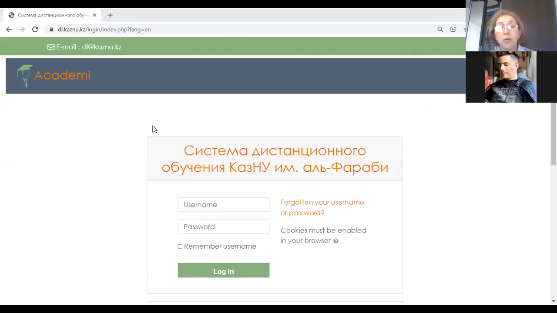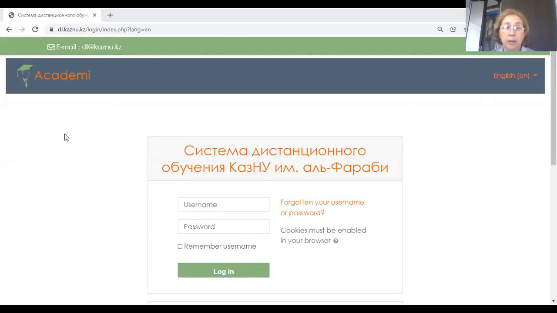Now I'm going to share this one. So if you go to the site, dl.kaznu.kz, you can see this kind of window, and you need to click in the upper right corner, there is enter to the system.